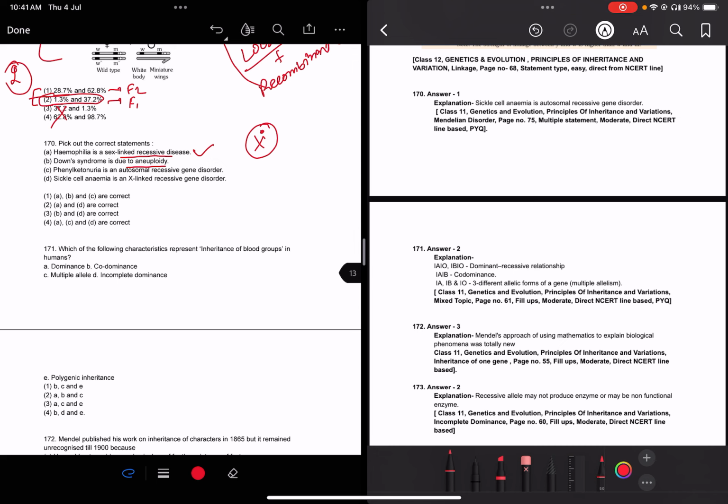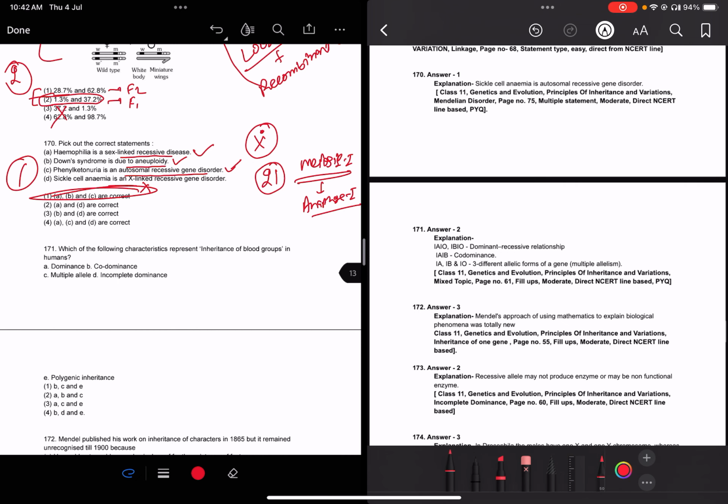Down syndrome is a trisomy of chromosome 21 and is due to a problem in meiosis 1, anaphase 1, so aneuploidy is present. Phenylketonuria is an autosomal recessive gene disorder. Sickle cell anemia is a chromosomal disorder? So the answer is A, B and C. The first option is the correct answer.